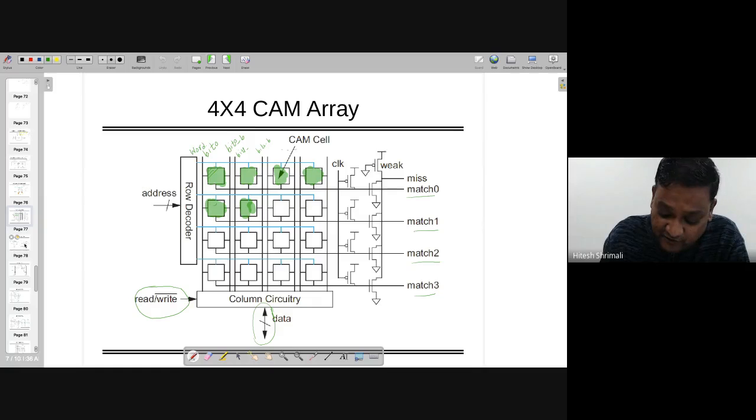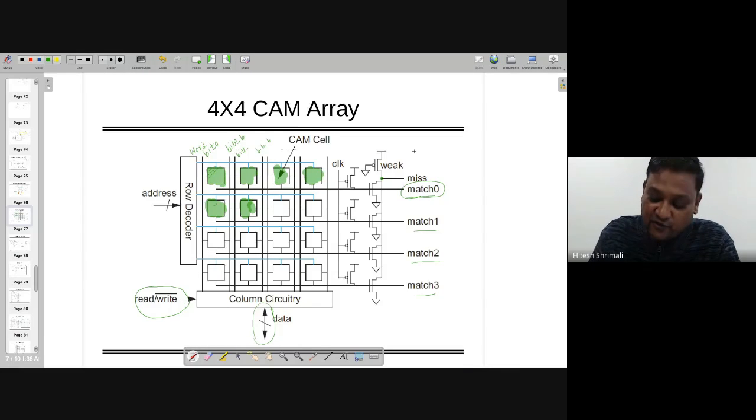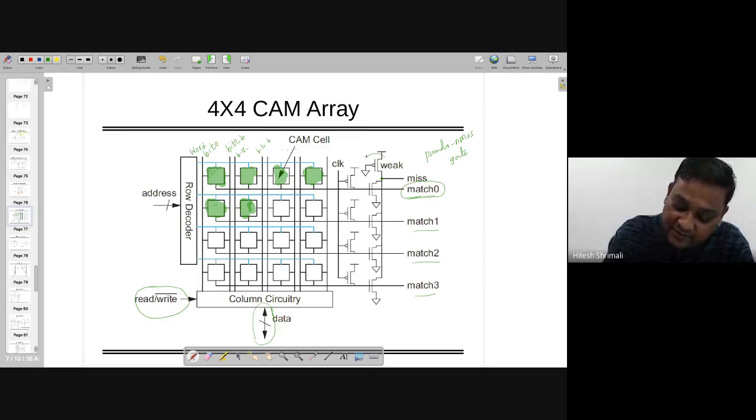And of course, other than this, we have many things, like the match lines have to be precharged to VDD. In that case, wherever we require precharge, we are going to use the simple thing called a pseudo NMOS gate, right? You know what a pseudo NMOS gate is, where we keep the load of PMOS with gate connected to ground.